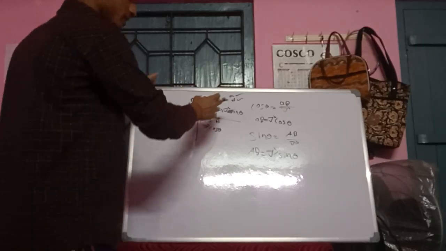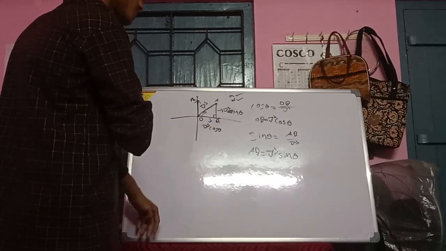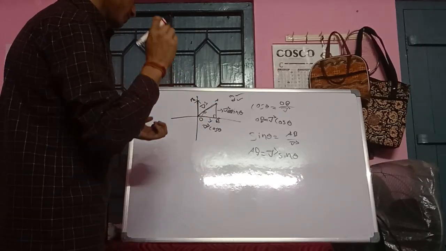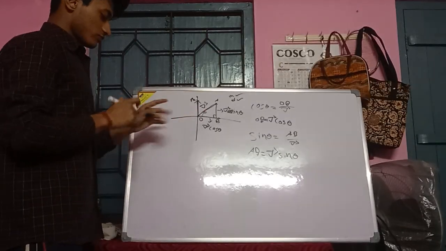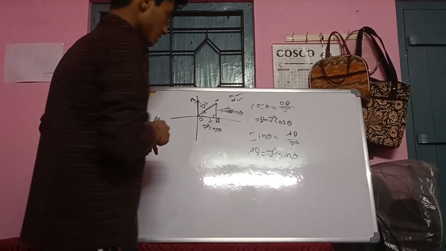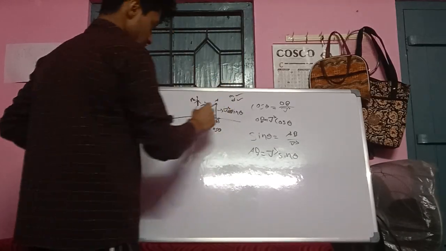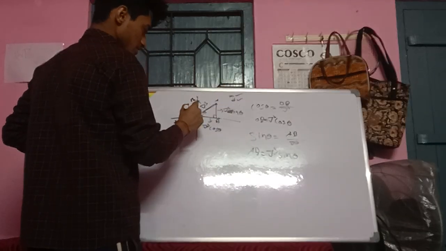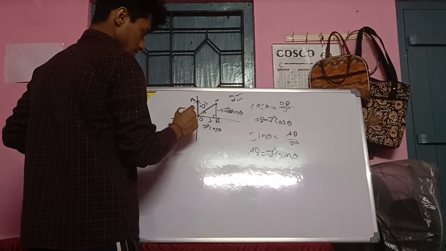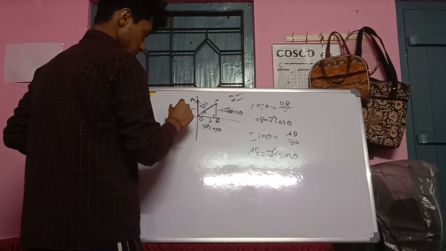Even though they might look a bit different on this 2D plane, since they have the same magnitude and they are pointing towards the same direction, that concludes that these two vectors have to be equal. And since vector BA is V vector sine theta, this one, OM, too will be V vector sine theta.